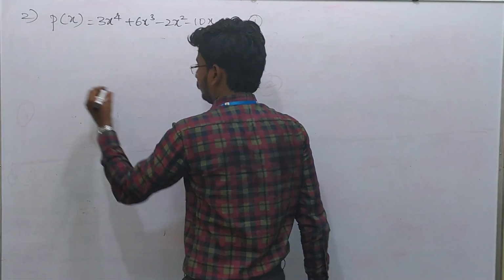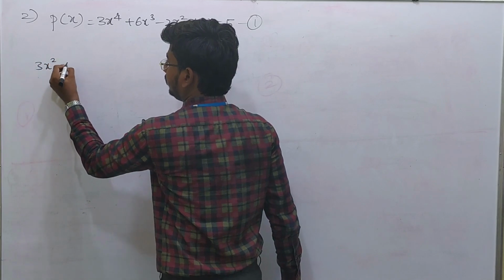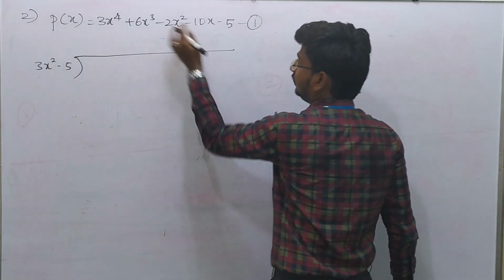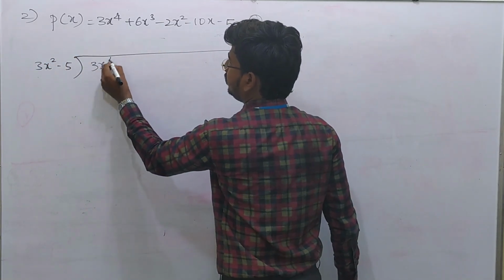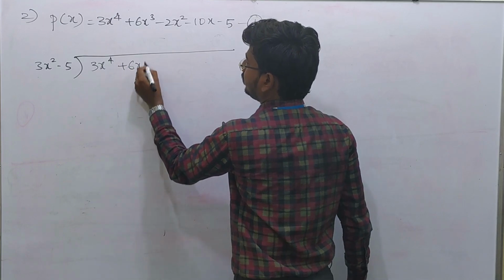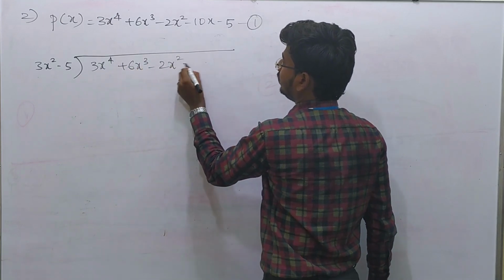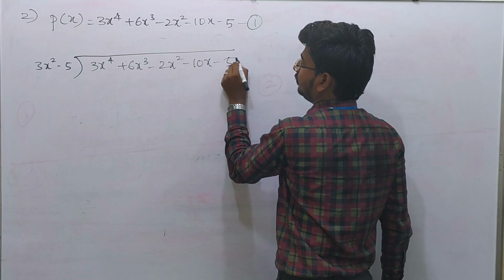So now, what was g of x? It was 3x square minus 5. P of x value is 3x to the power 4 plus 6x cube minus 2x square minus 10x minus 5.